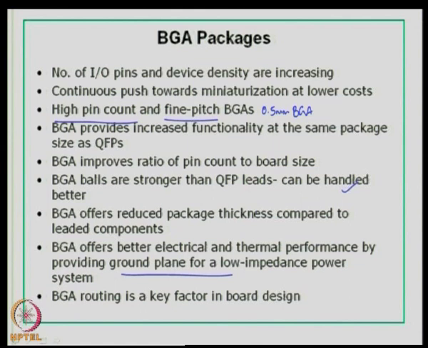Okay. So, BGA design is a very important step, and BGA routing is a key factor in board design. We are going to discuss BGA routing in a much more detailed fashion when we discuss computer aided design for printed wiring boards.